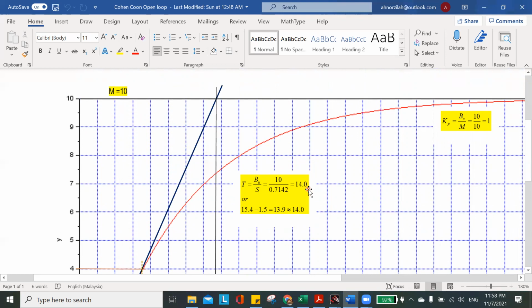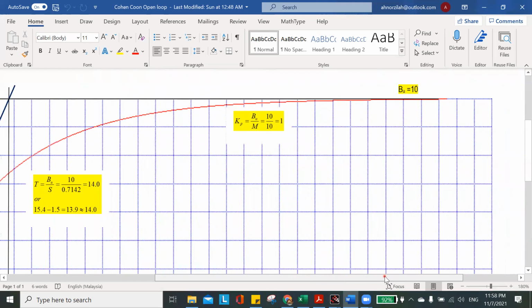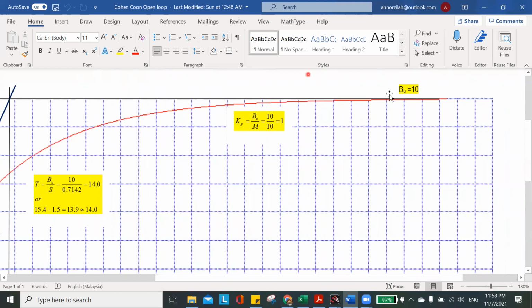These values are important to be used to calculate the value of the controller gain, KC. Next is the value of KP, and you need to identify it. This is the value. BU is actually the value of steady state, equal to 10. So KP is the ratio of steady state to the forcing input.